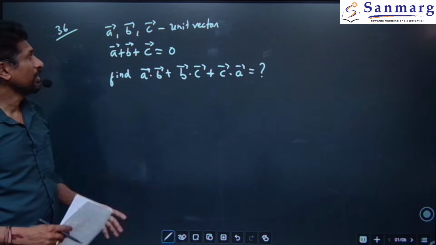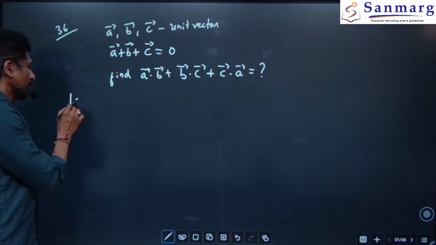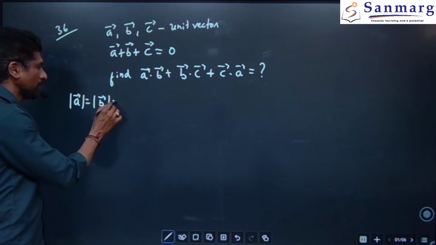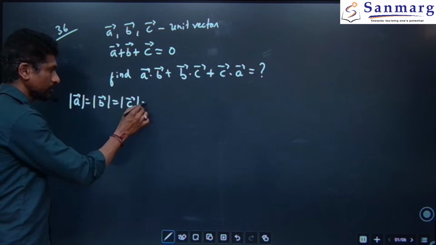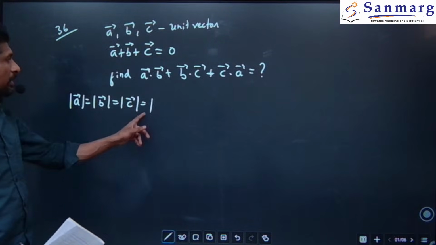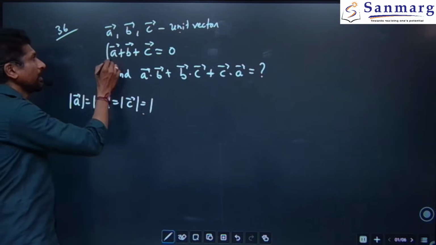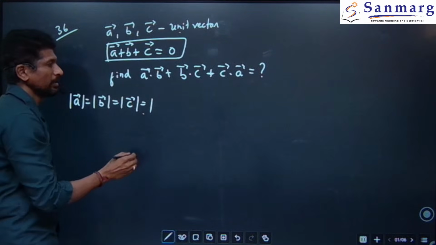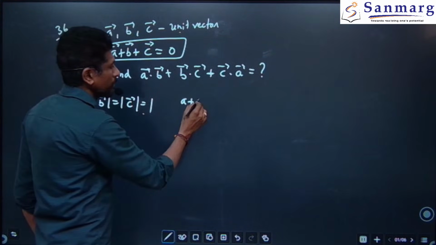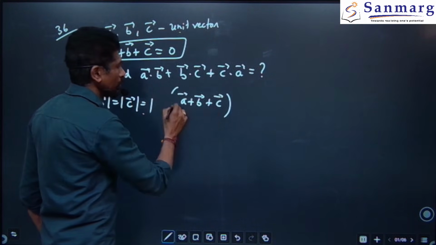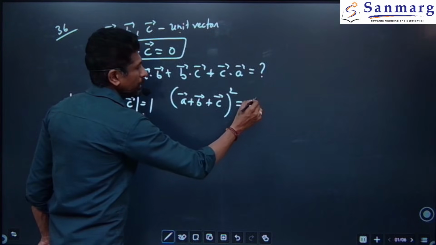By taking the unit vectors, as you already know, if it is a unit vector the magnitude is always 1. So you have to consider the modulus value as 1 for the first given statement. And by taking the second statement, as you know the basic algebra formula, you have to square the LHS and RHS.